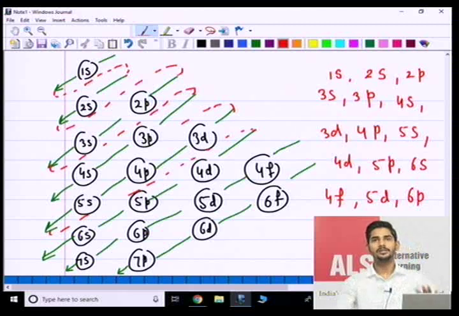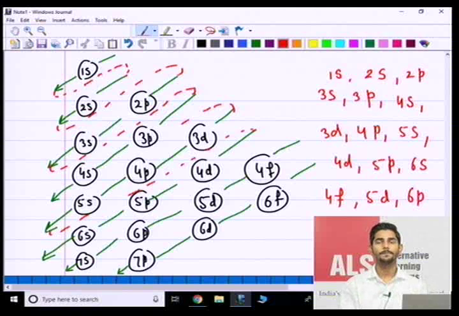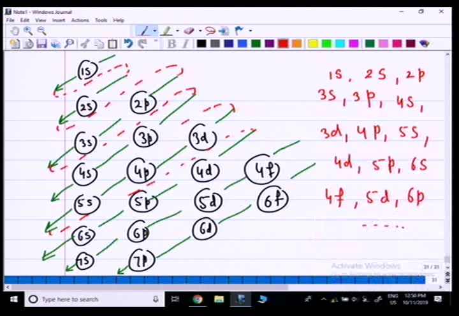This is the order explained by Aufbau, that first of all we will fill the 1s orbital, then 2s, 2p, 3s, 3p, 4s, 3d, 4p, 5s, 4d, 5p, 6s, 4f, 5d, 6p, and so on.